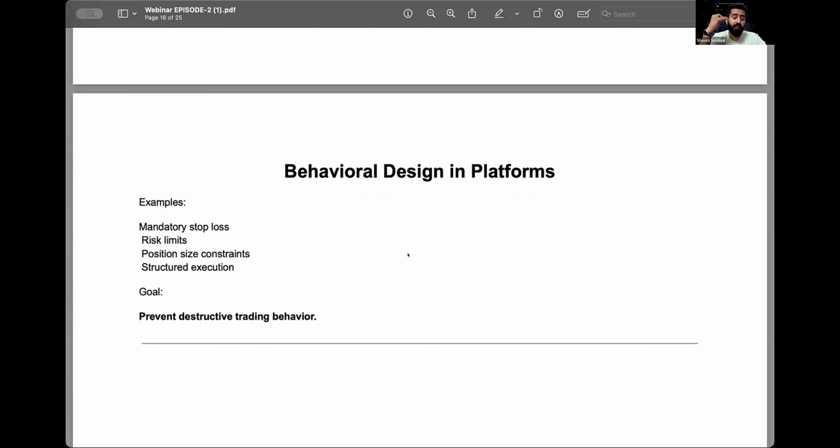I will repeat and say it again. The understanding of executing trades at a risk limit, and then position size constraints in retail traders, then structured execution, which is missing. These are the destructive trading behaviors of retail traders.